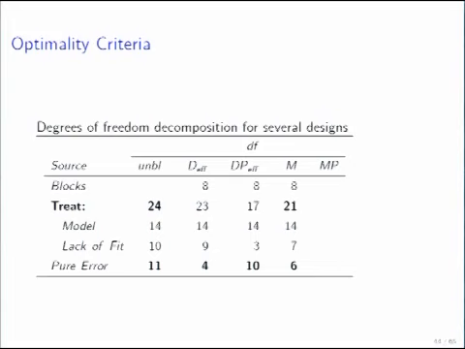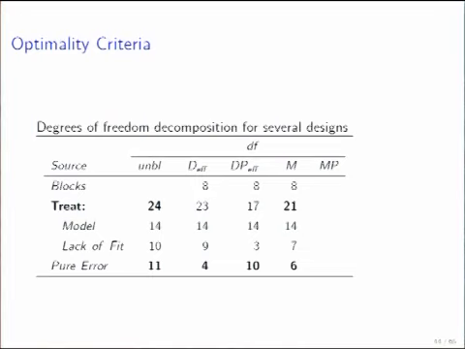If we use the M criterion, I forgot to say that for the DP criterion we need to fix a confidence level for the confidence ellipsoid, and here alpha was fixed at 5%. For the usual M criterion, we have 5 degrees of freedom from pure error used for blocking, and 3 from lack of fit.